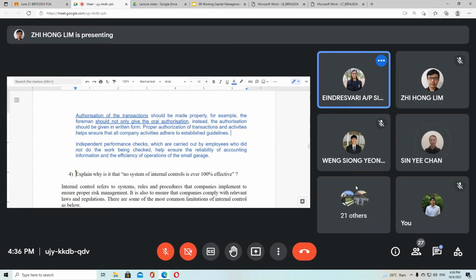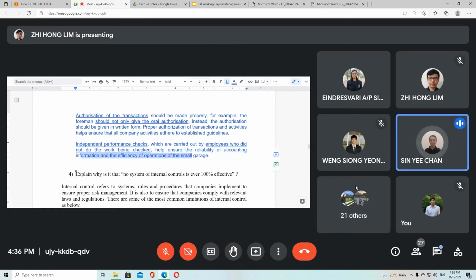Okay. Next. So the last one is the independent performance check, which is carried out by employees who did not do the work being checked, to help ensure the reliability of accounting information and the efficiency of the operation of the small garage. So how many people have you hired in this answer?